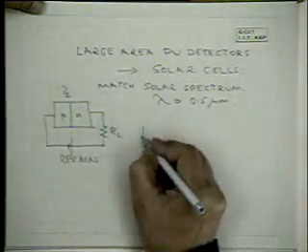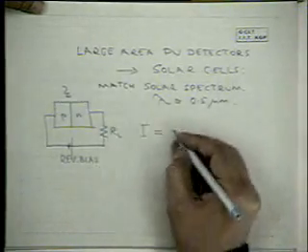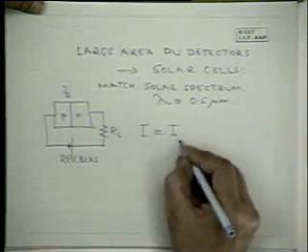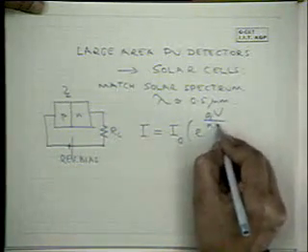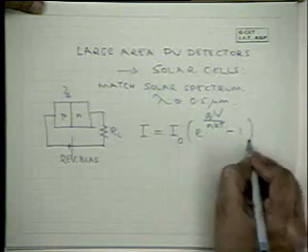Okay, and as you know, for a PN junction, you have a relation I is equal to I0 e to the power QV over NKT minus 1.